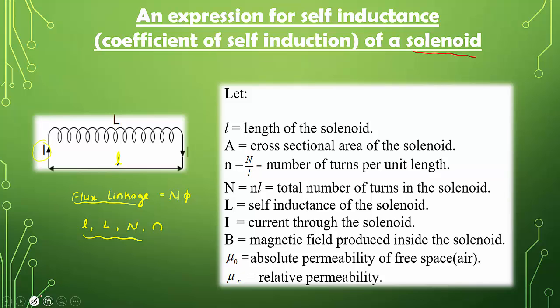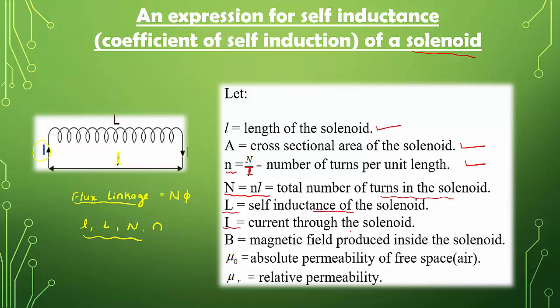Let small l give length of the solenoid. Capital A gives cross-sectional area of the solenoid. Small n is number of turns per unit length. Then capital N is equal to n into l, that gives the total number of turns in the solenoid. L is self-inductance of the solenoid.